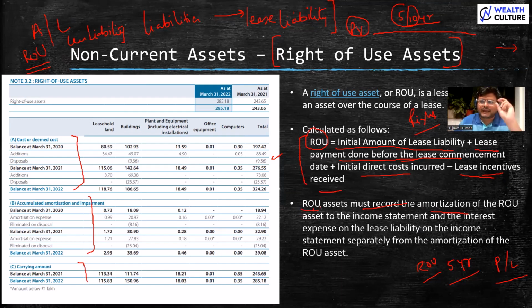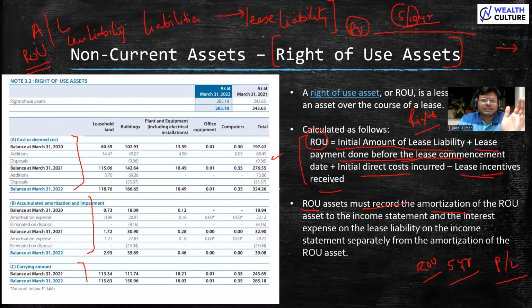The calculation of ROU and the lease liability is slightly more complicated. I will post an example so you can see through the calculation of the right of use and the lease liability, if that is of interest. As investors, we can treat this almost like a fixed asset.